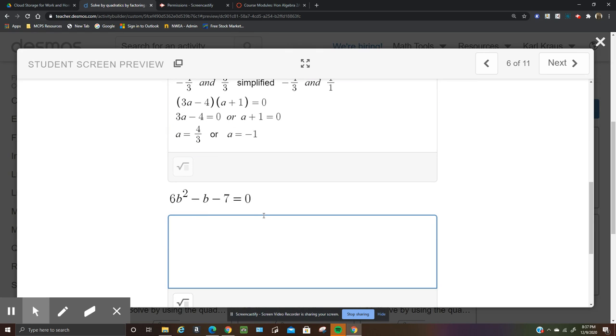The third one there, I'm going to start by multiplying 6 times negative 7, negative 42.